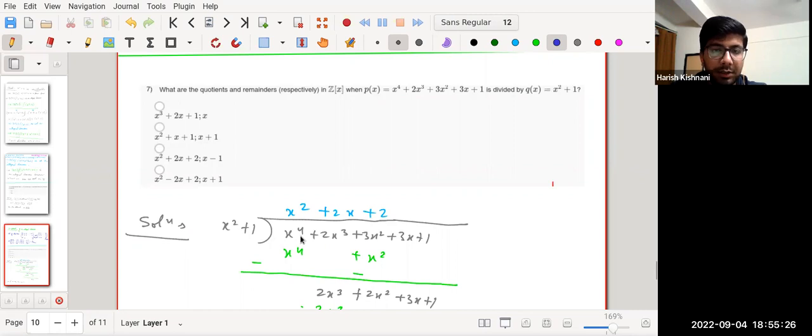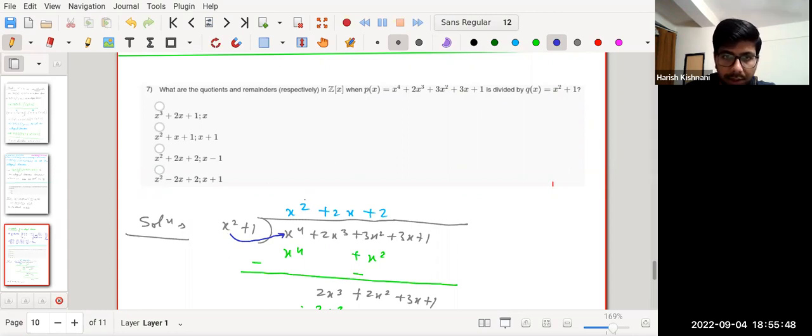First divide the highest order term, x^4, by x^2, and you will get x^2.